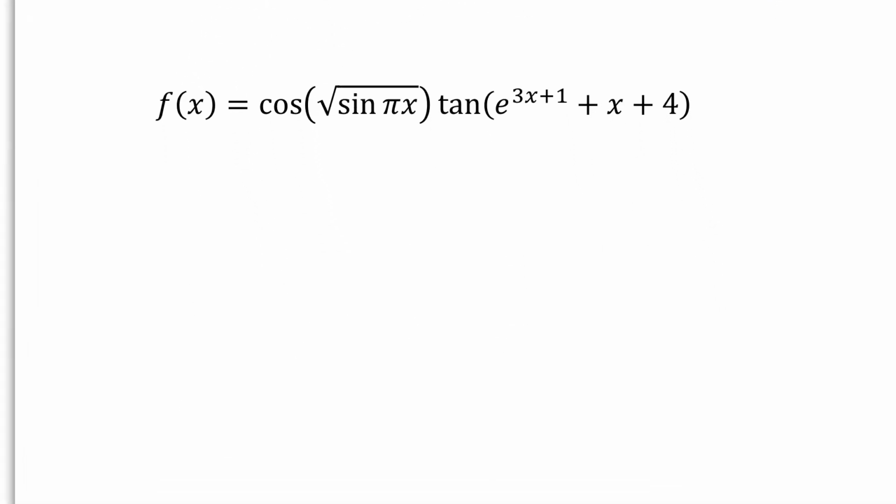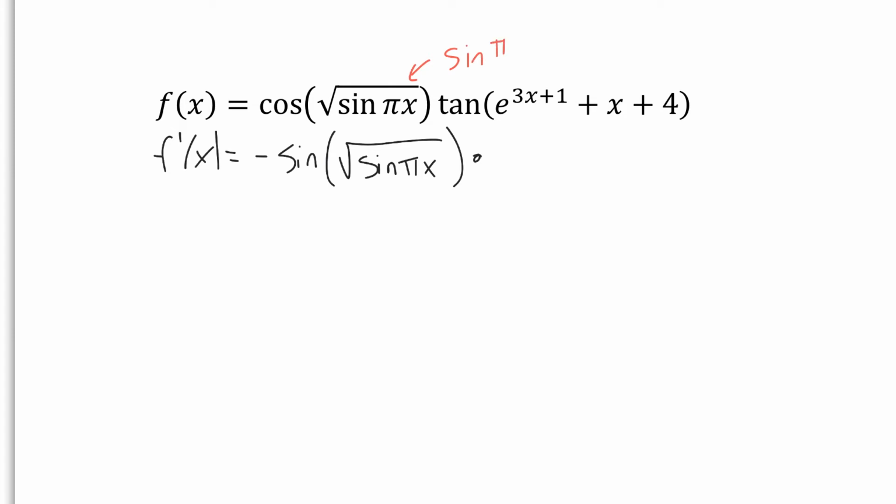So here we have what looks to be two functions being multiplied together. So we'll use our good friend the product rule. F prime x equals negative sine bracket root sine pi x times, well, this also requires a chain rule. We're trying to do the derivative of the first term, and my goodness, we have a lot to do here. If you notice, we have the root of sine pi x, which can be rewritten as sine pi x all to the power of 1/2.